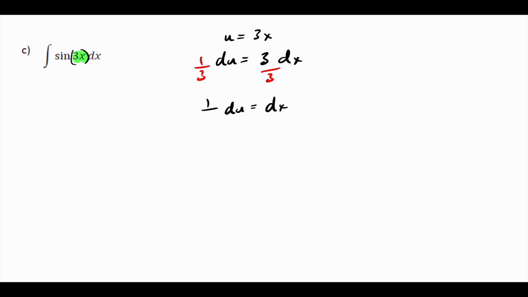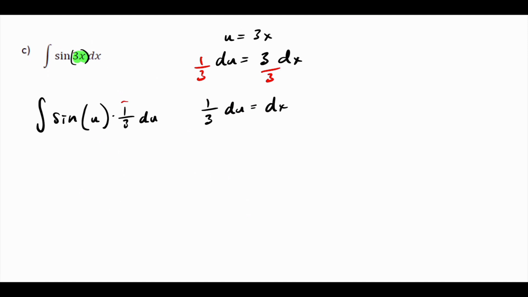Now it's time to move everything in. Everywhere I see a 3x, I'm going to put a u, and everywhere I see a dx, I'm going to put a 1/3 du. No more x's. It's just u's, which is what we want.